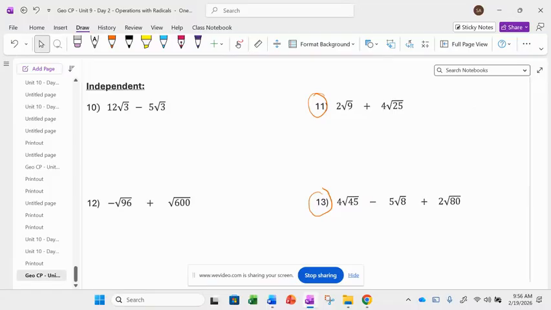Anybody want my help? So whatever you circle comes on the outside how many times? Once.